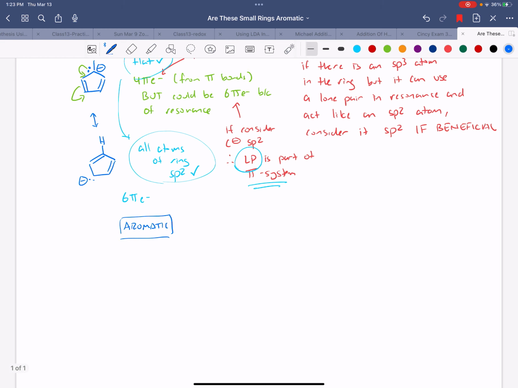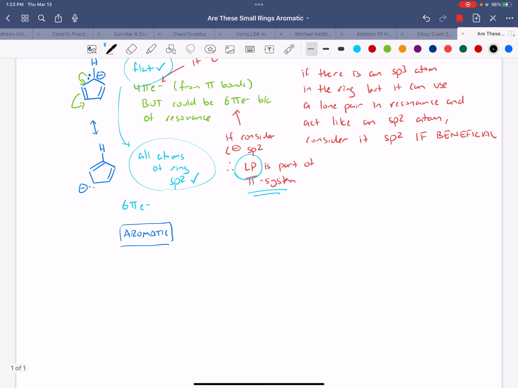You could draw this, okay? And you could kind of prove that the lone pair is part of the pi system if that carbon is sp2 hybridized. And I'll show you in this case. Draw it like this. And this carbon way on the right, we're going to make it the negative. So it's going to have the lone pair.